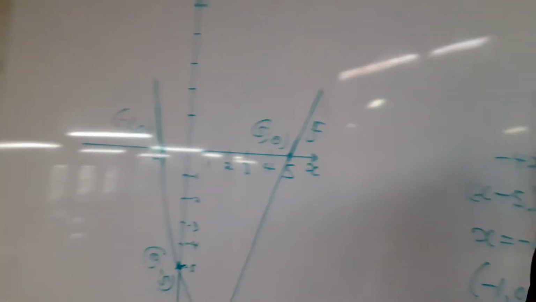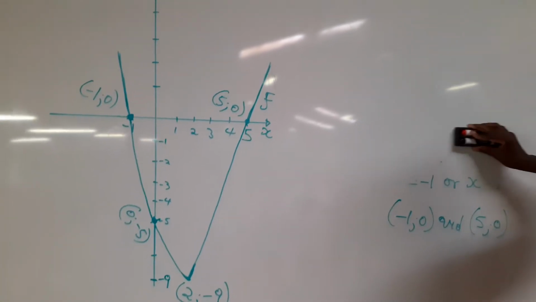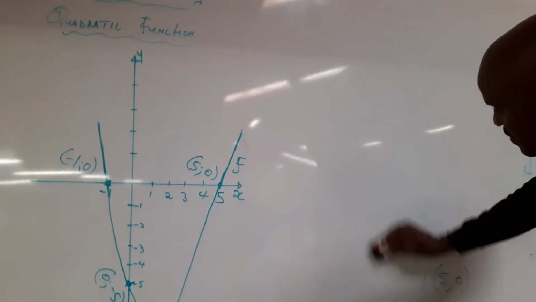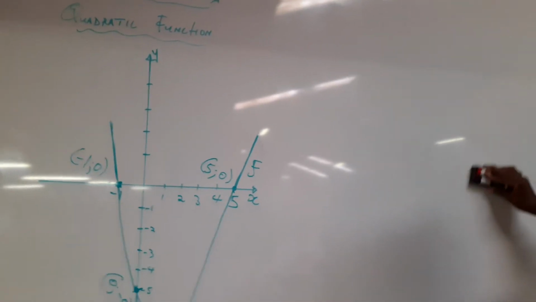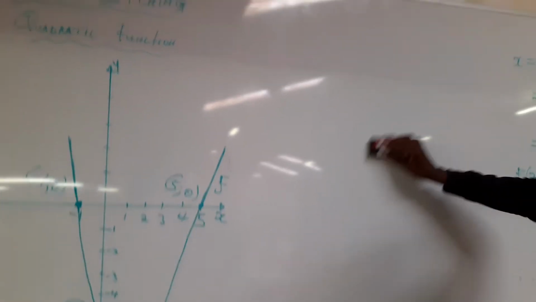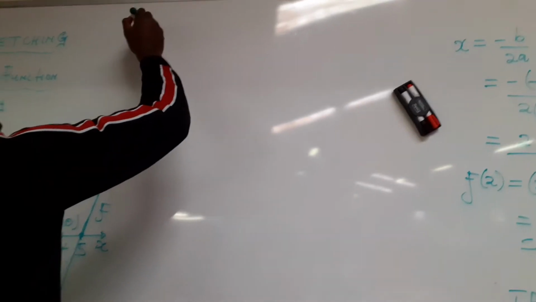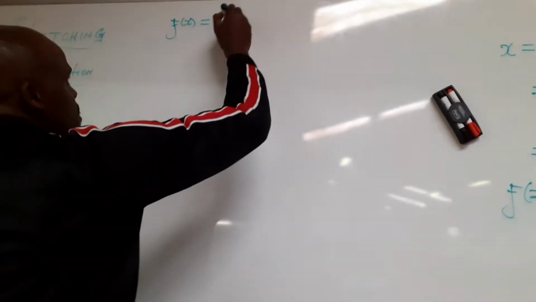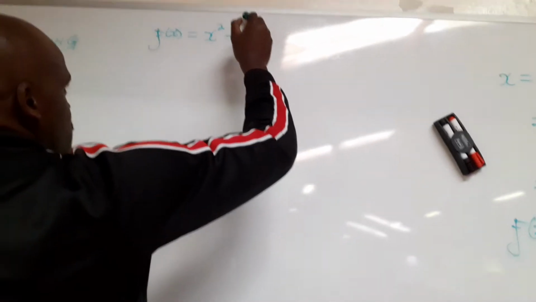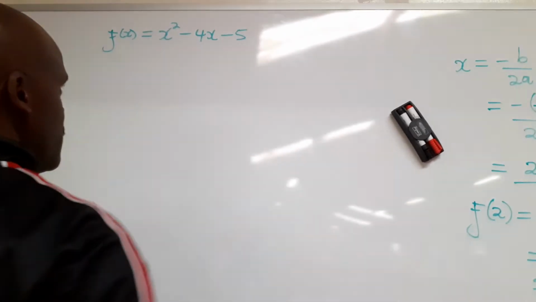As you can see, our graph is concave up, simply because the value of A is positive. So we have our equation as f of x equals x squared minus 4x minus 5.